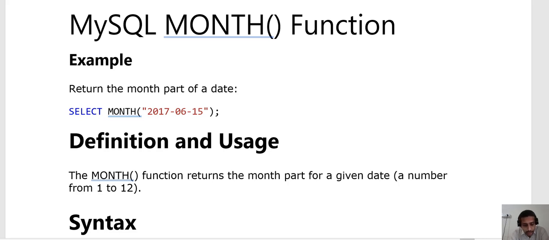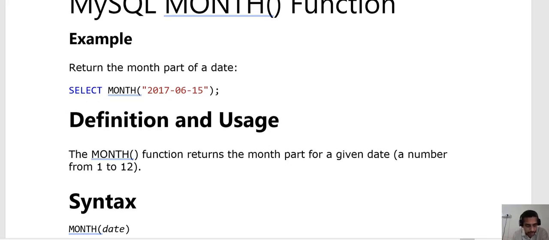From the date, it will check the month and display it. The MONTH function returns the month part of a given date, a number from 1 to 12. So normally it will display the month from 1st to 12th, like from January to December. That's the only thing, from that date format.